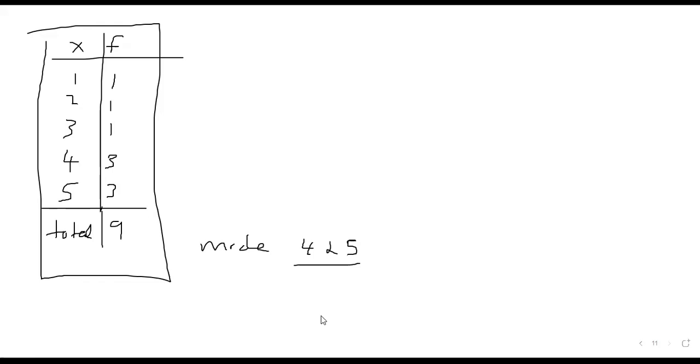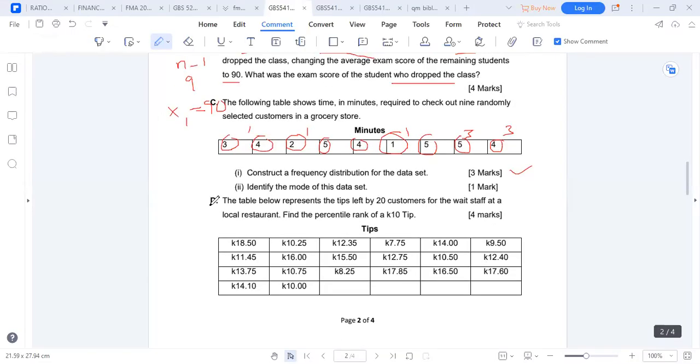Right. We go to question number D. In question D, we're given 20 observations.